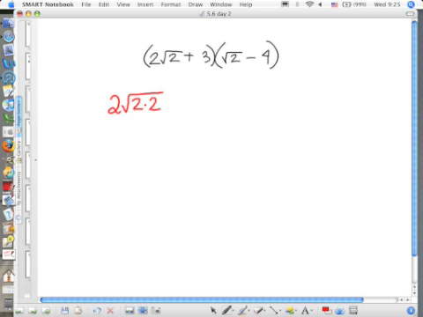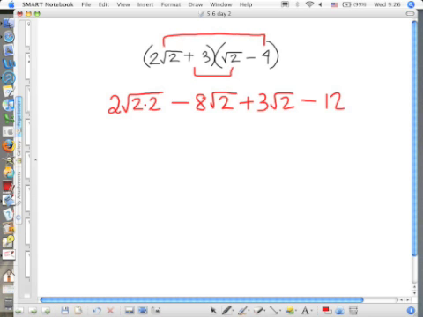Outside terms multiplied together are these here. We've got negative 4 times 2 is 8 times the square root of 2. Inside terms multiplied together, we have plus 3 square roots of 2. Last times last was negative 12.